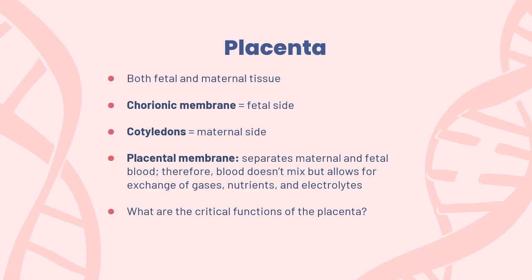But some other critical functions, what could you think of? We have metabolic and gas exchange, hormone production. So it's really important to maintain that. So a couple of things with the hormones. So you have progesterone, that the mother will be having high levels of progesterone and estrogen, right? Progesterone is going to decrease uterine activity, basically keep it calm.